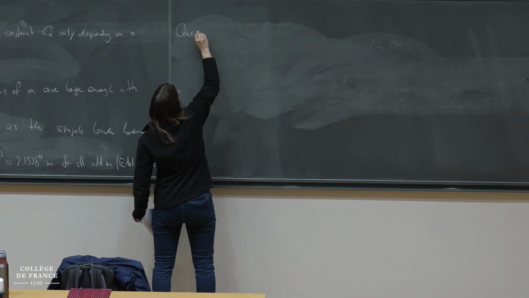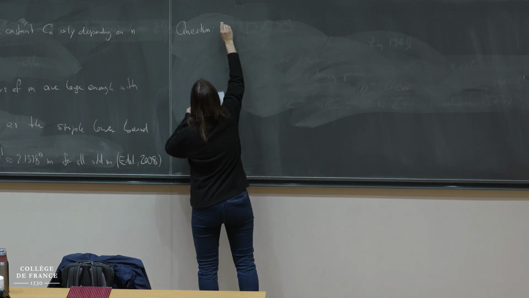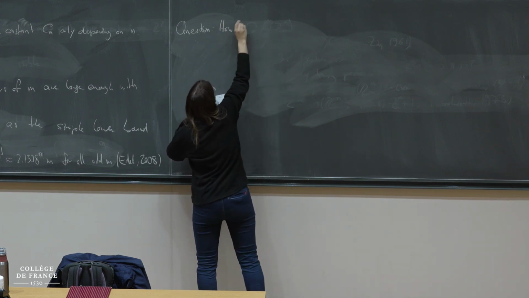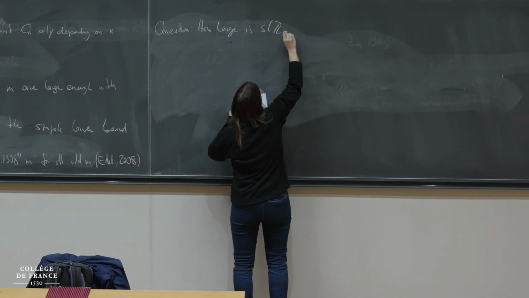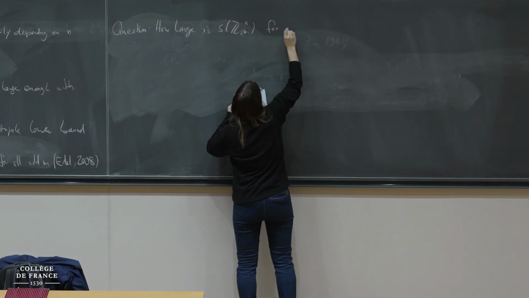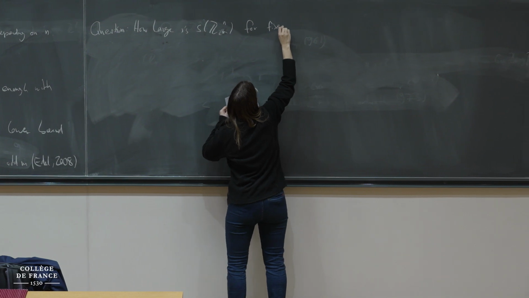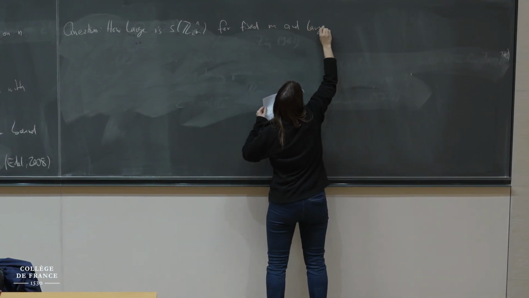So basically, the main question we are interested in now is: how large is S of (Z modulo m)^n for fixed m and large n?